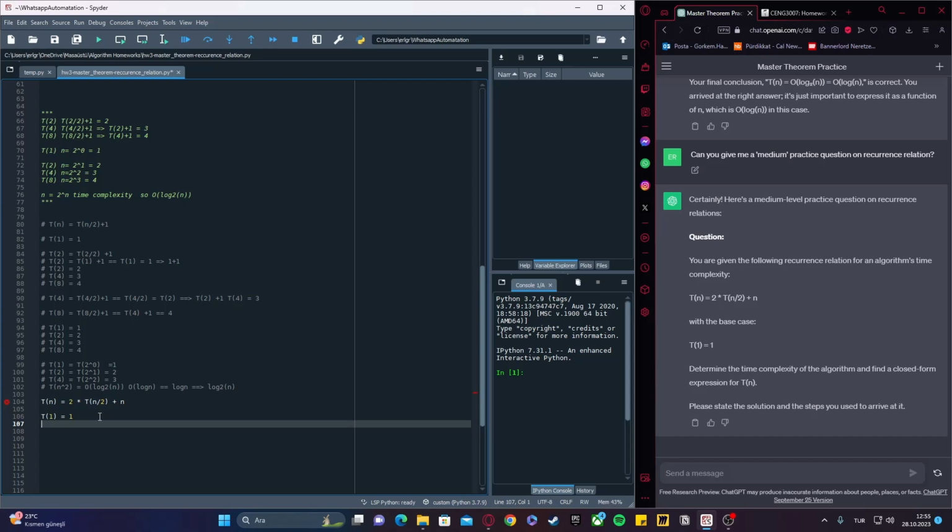Okay, let's go. And if you write it in 2 here, actually it will go the same as always, dividing by 2.